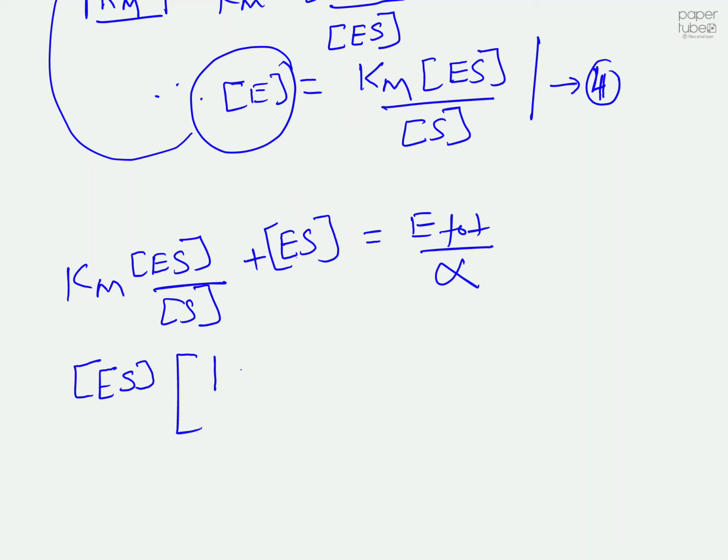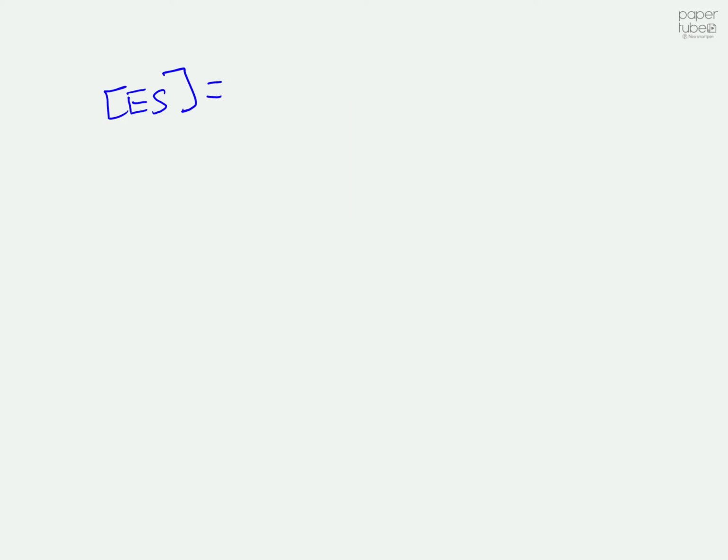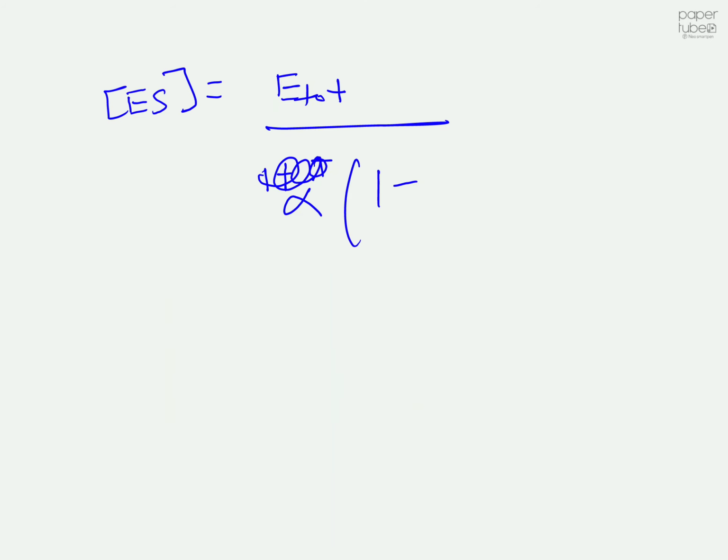That will give 1 plus Km divided by S, equal to E total divided by alpha. So from here we can get the enzyme substrate complex. Therefore the concentration of enzyme substrate complex will be equal to E total divided by alpha, that's what we have here, and then this term should come to the denominator, so 1 plus Km by S. So this is good so far.